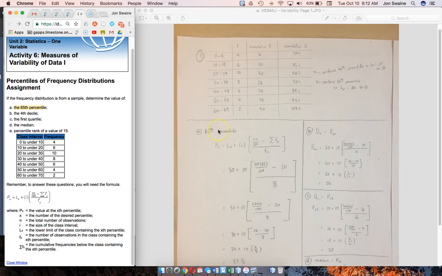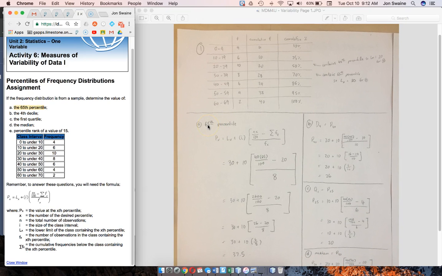So if I want to know the 65th percentile, let's start with LX. The lower limit of the class containing the Xth percentile. What's the X percentile? In our case, it's 65. So 65%, where would that be? It's going to be right in here. Why? Because this is 70 and this is 50.